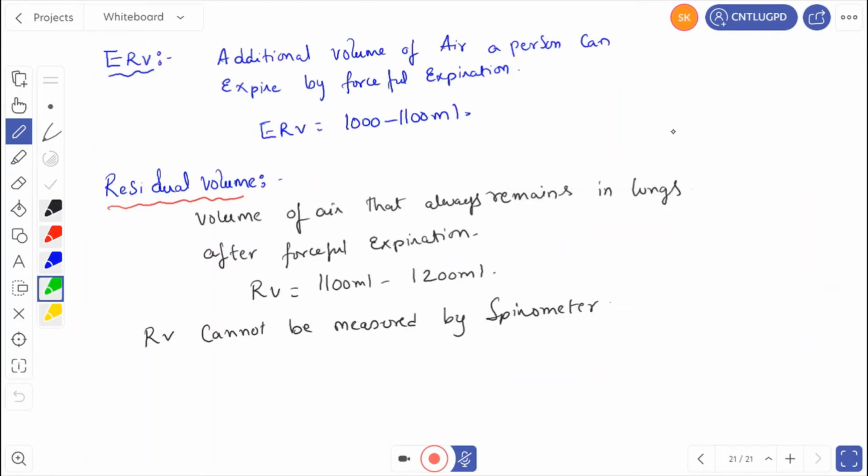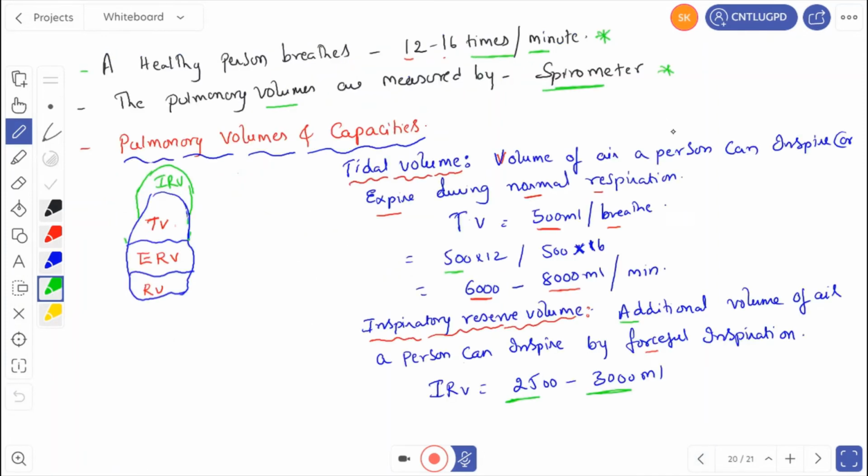Next, ERV: the additional volume of air a person can expire by forceful expiration. In normal expiration you send out only tidal volume. But by forceful expiration you send out tidal volume plus ERV. You are sending this one also.